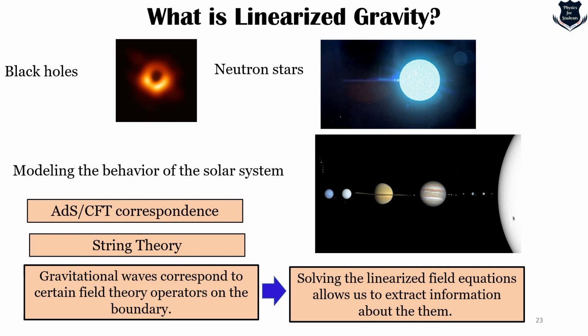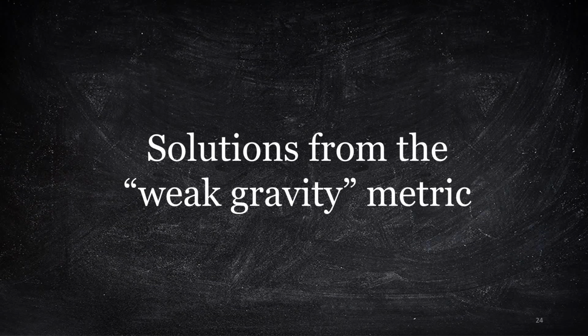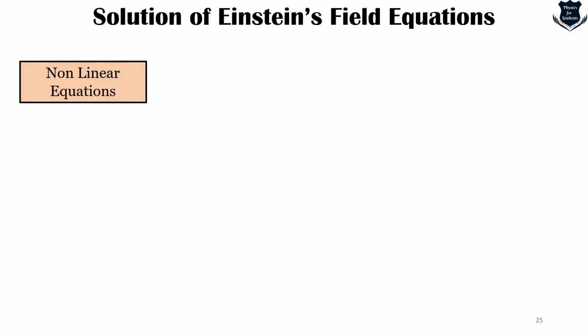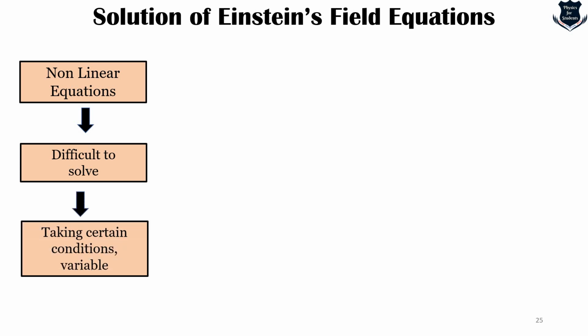Okay, so far so good. We understood that linearized gravity helps us in producing certain solutions, and here are some of the solutions from the weak gravity metric. The nonlinear equations are actually very difficult to solve. So if it is difficult to solve, then we take certain conditions and certain variables.